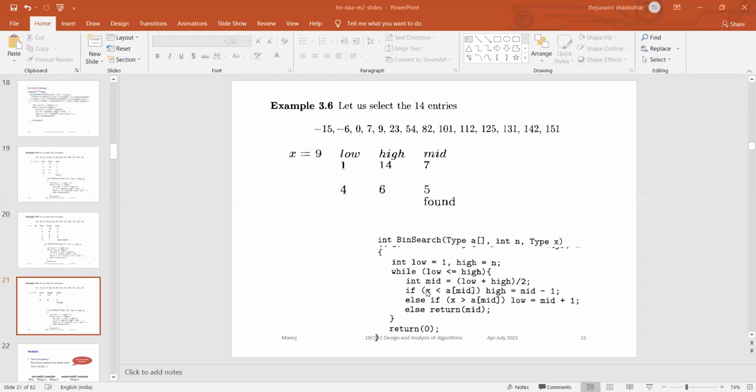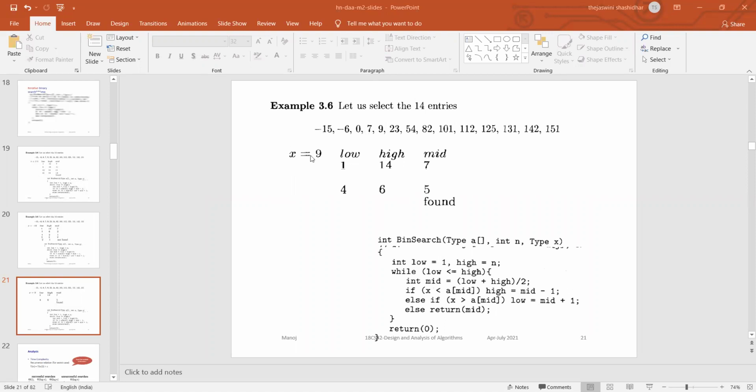If 9 is less than 54, what will you do? High is equal to mid minus 1. So now you get 1 and 6, the final iteration they have given here. Mid minus 1 is 6, so low is 1 only. 1 plus 6 is 7 by 2, which goes to 3. So what is A of 3?